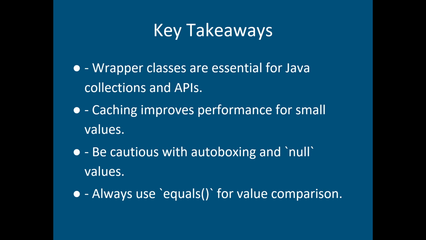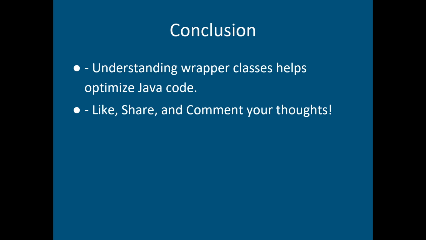And last but not least, always use .equals for value comparison. If you understand this concept, it will be very good, because it will help you optimize the code you are writing.